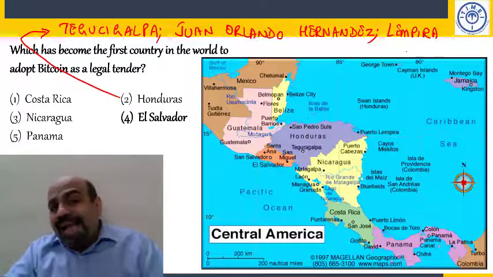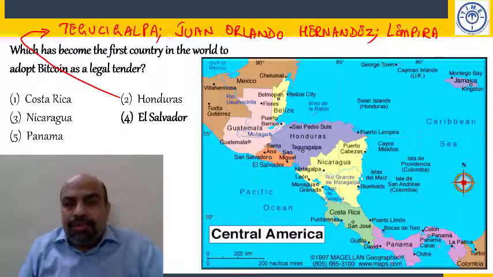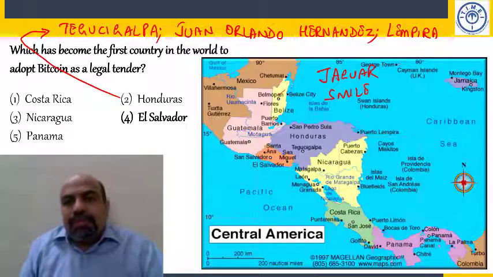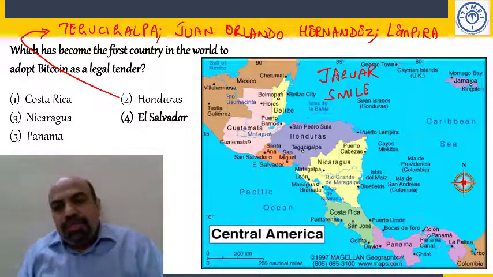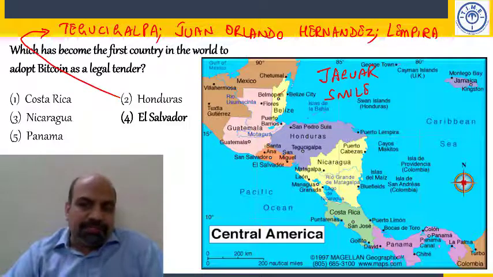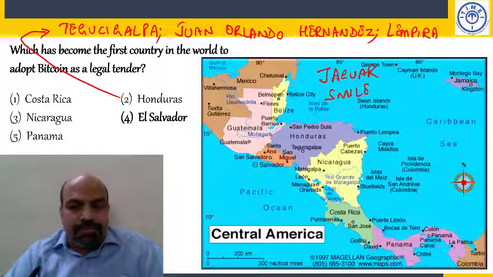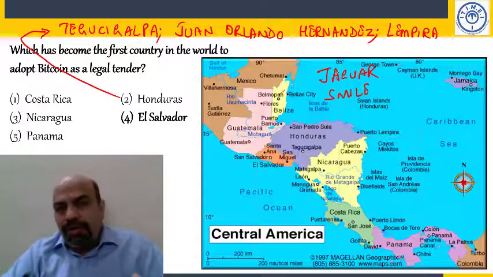The book was called The Jaguar Smile, A Nicaraguan Journey. I read that book way back, and that is when I fell in love with this country. This is a fabulous country. If you look up the vegetation, the forested areas of this country, you would know what I'm talking about.